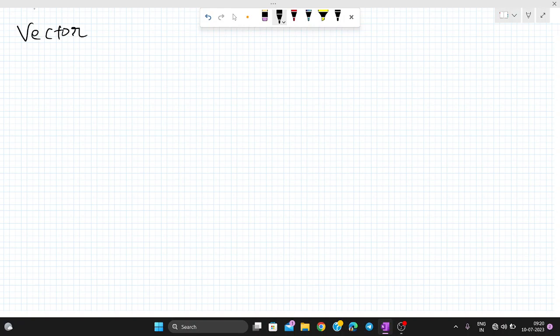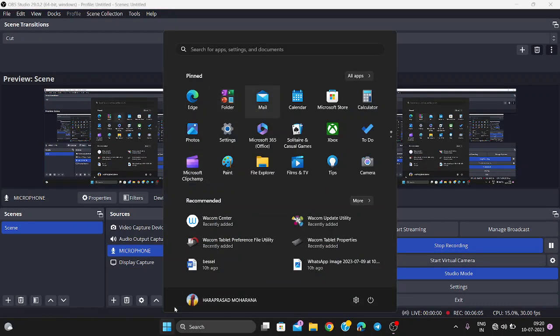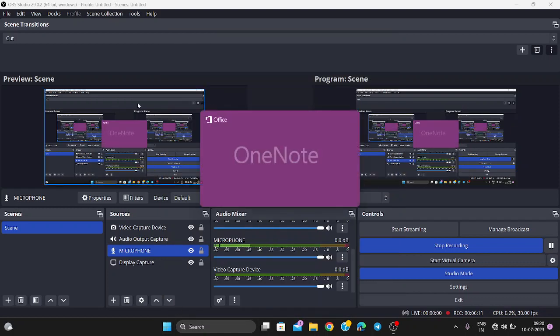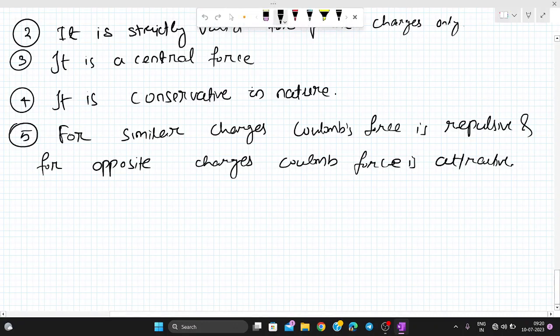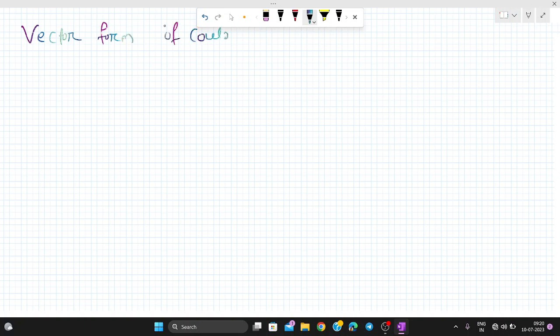Sometimes in your exam, a direct question comes from the vector form of Coulomb's law. Let's start.